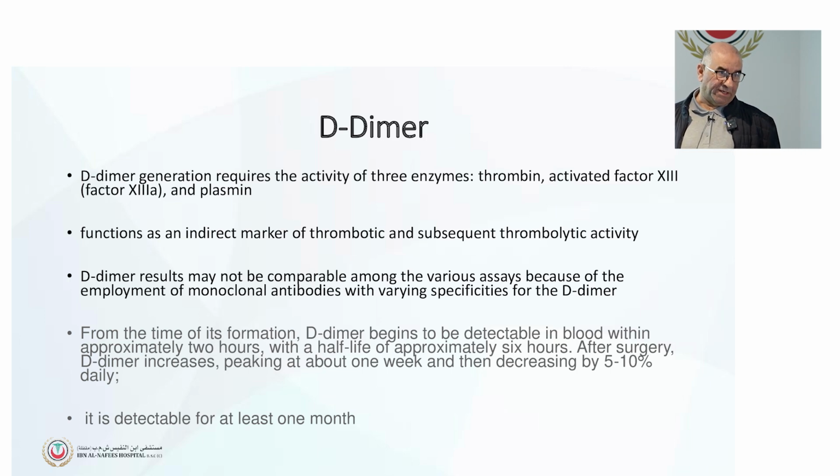After the bleeding stops and hemostasis is achieved, then the plasminogen will try to degrade the clot formation and make this cross-linked fibrin circulate in your body, so you know there is some injury.